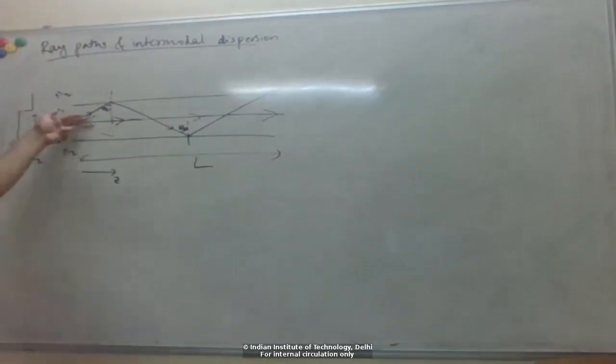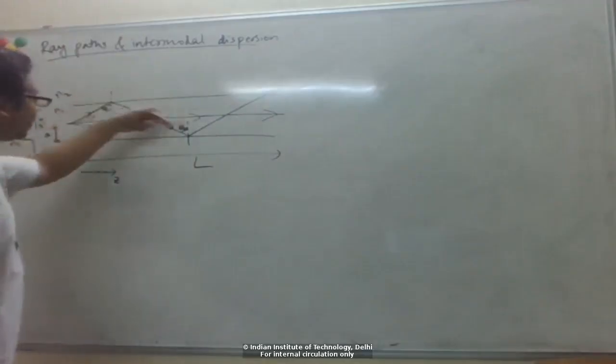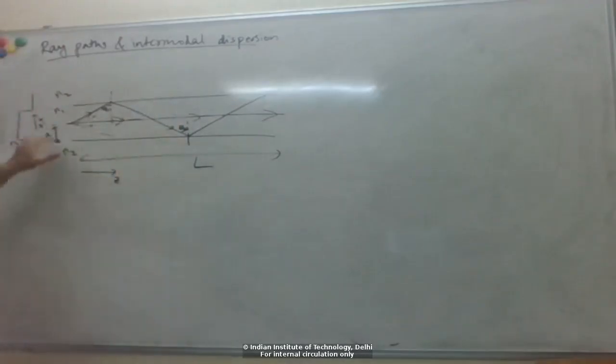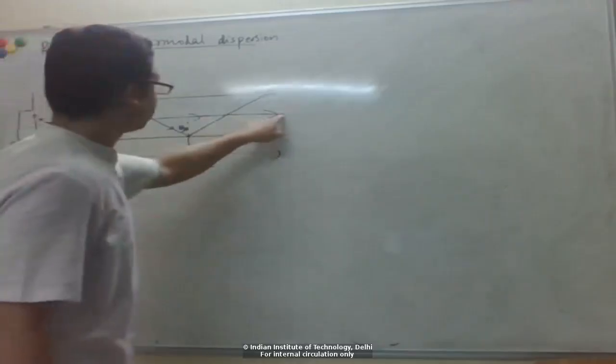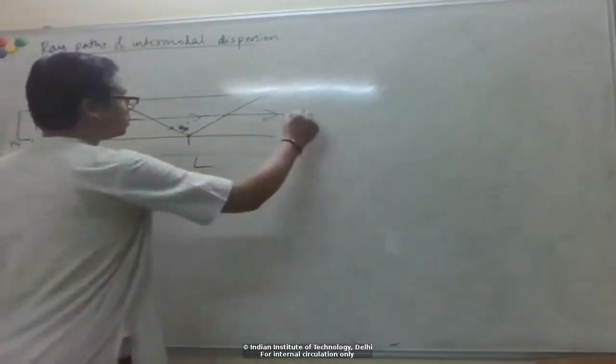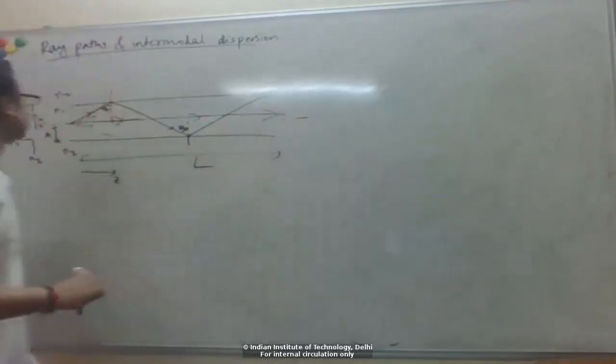Because different rays are traveling different paths, and the speed at which each ray is moving is basically the speed of light, c over n1, since the core has a refractive index n1, the speed of all these rays is the same, but the distance is different. So the ray which is straight through, traveling the minimum distance, will arrive first at the output.